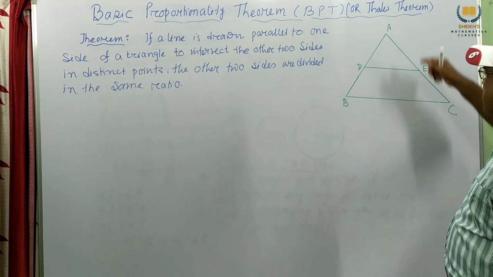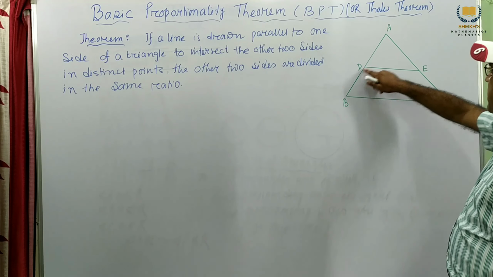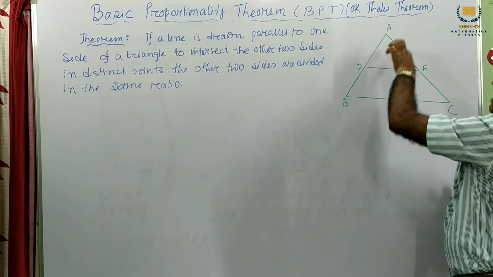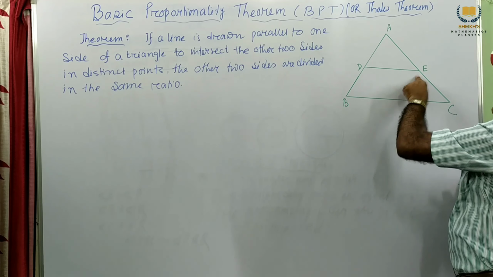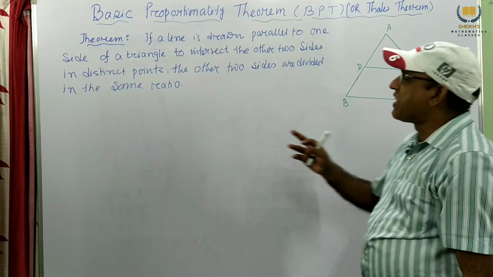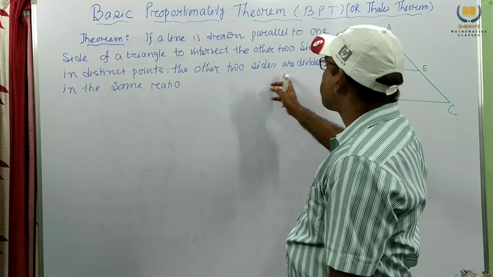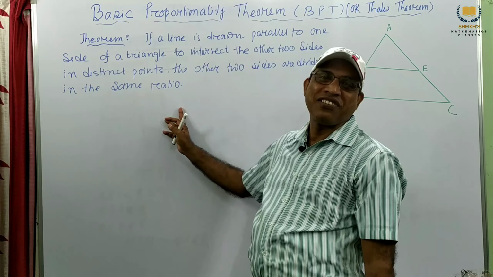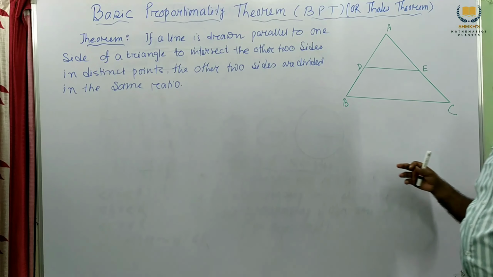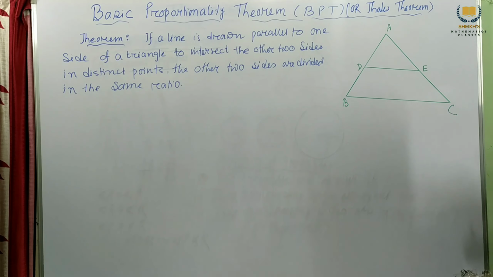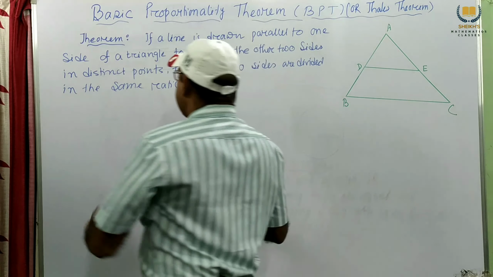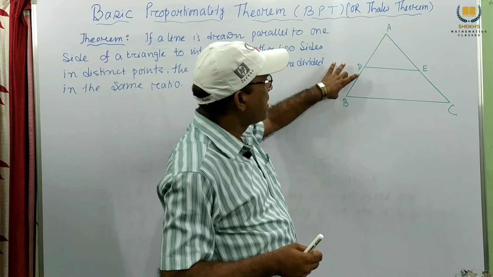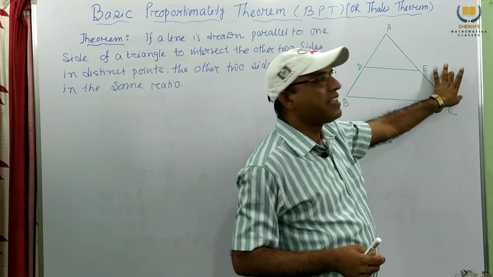So AB intersects at the point D and AC intersects at the point E. Then the other two sides are divided in the same ratio. That means AD by DB equal to AE by EC.